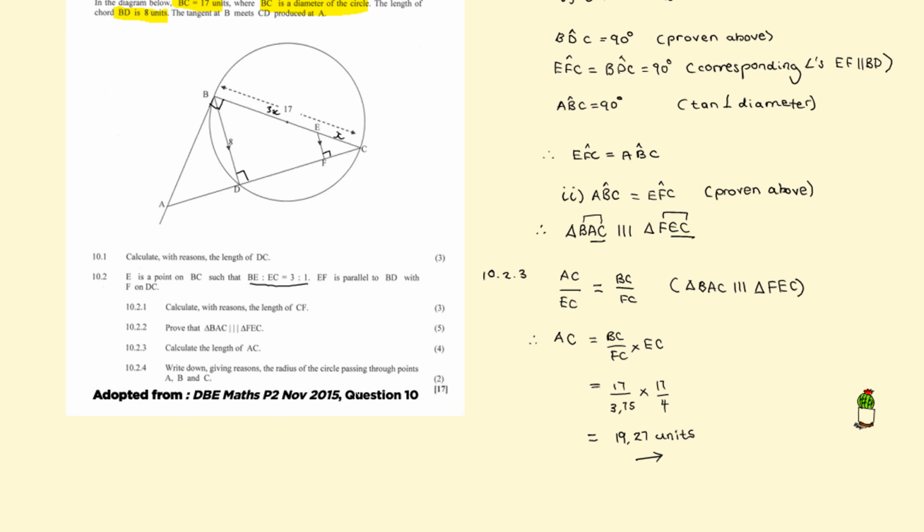Okay. Now, lastly, they say write down, given reasons, the radius of the circle passing through the points A, B, and C. Okay, so if you had a circle passing through A, B, and C, what would be the radius of that circle, right? Okay, notice something.